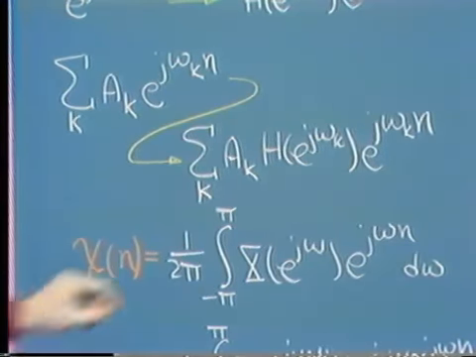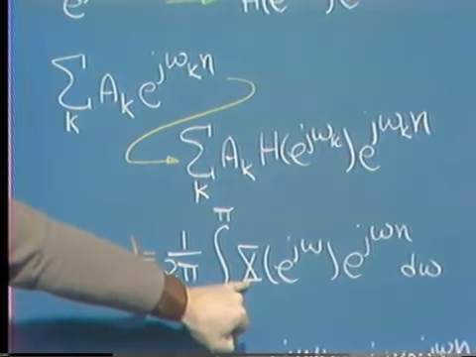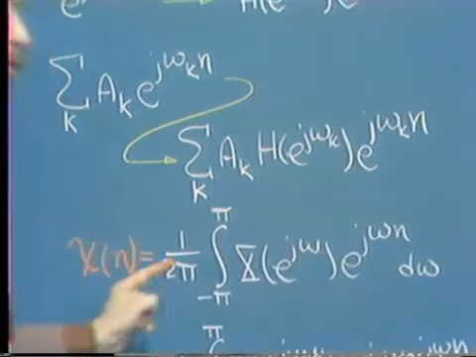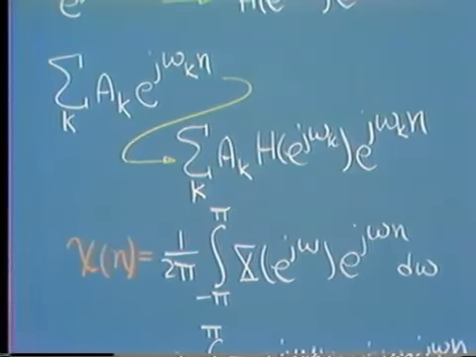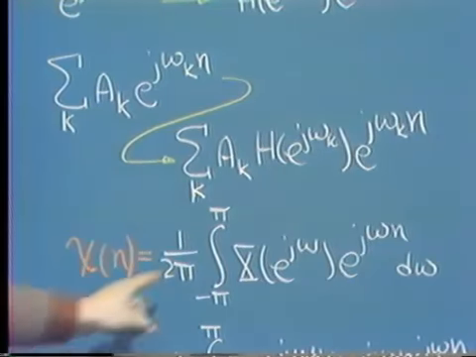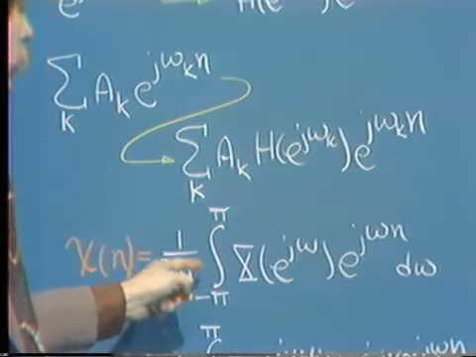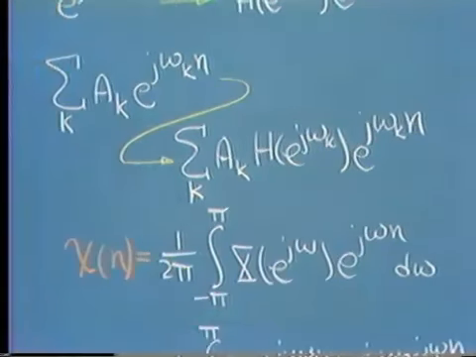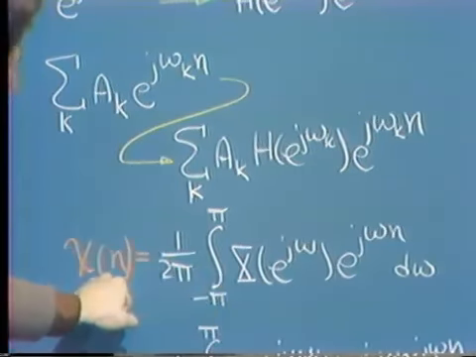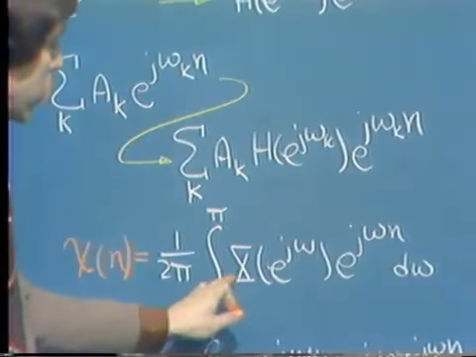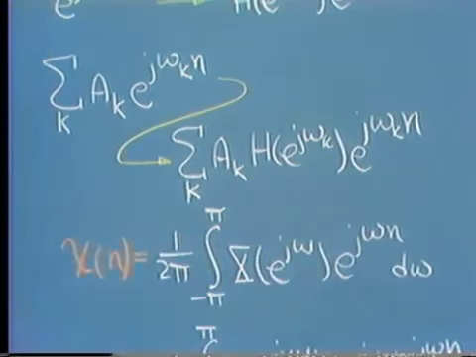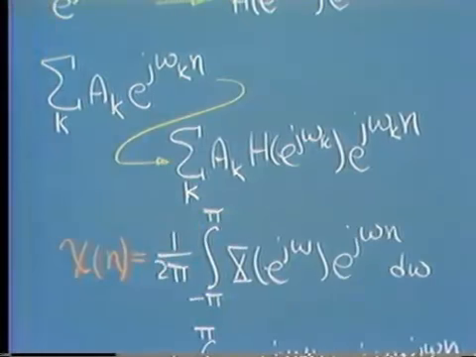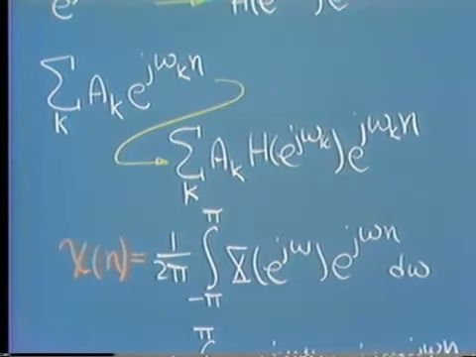which I can express in terms of its Fourier transform, in terms of this inverse Fourier transform relationship. Now this, as I emphasized just a minute ago, is a decomposition of x of n as a linear combination of complex exponentials. This is a linear combination of complex exponentials at the input, so what's the output?